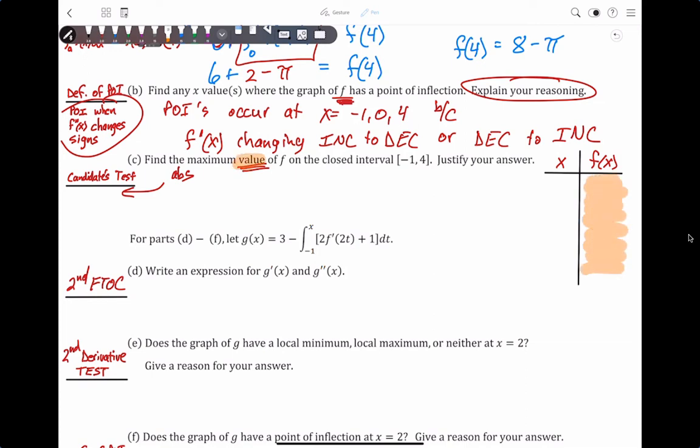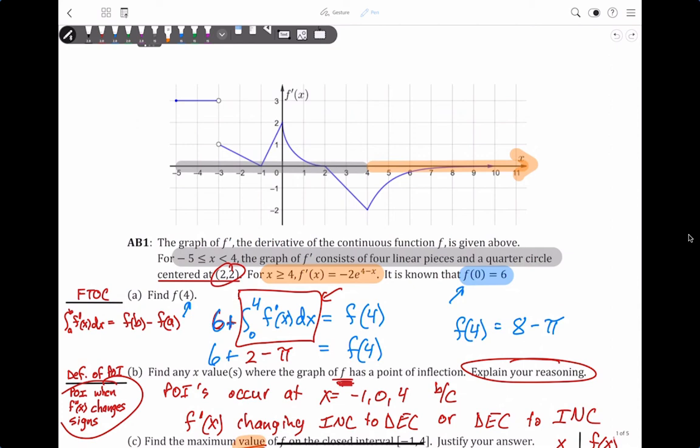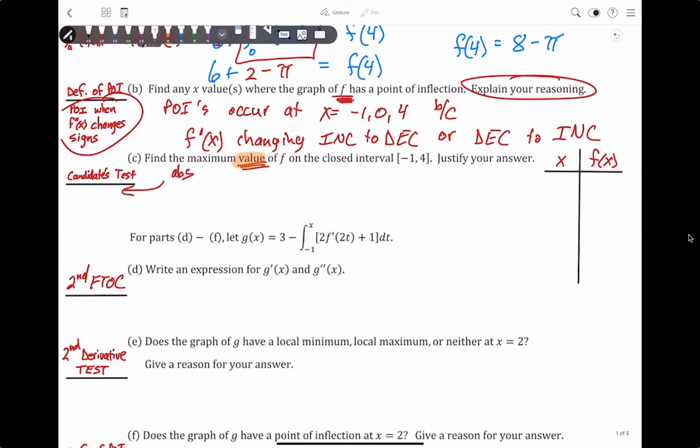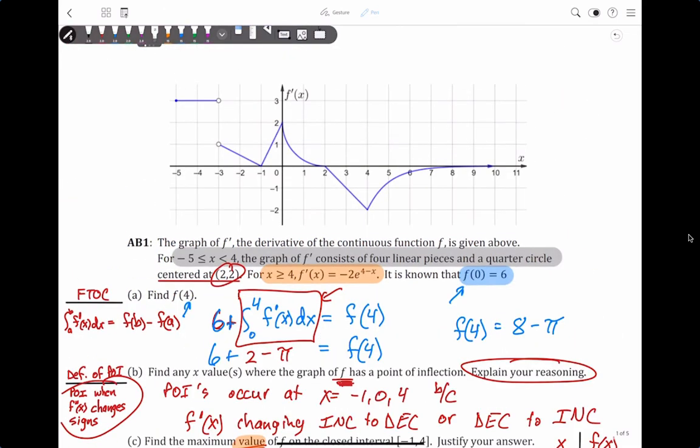So I'm looking for the y value of f of x on the closed interval from -1 to 4. So we're not looking at the entire domains that I had highlighted originally. We're looking at only, for this particular piece, from -1 to 4.